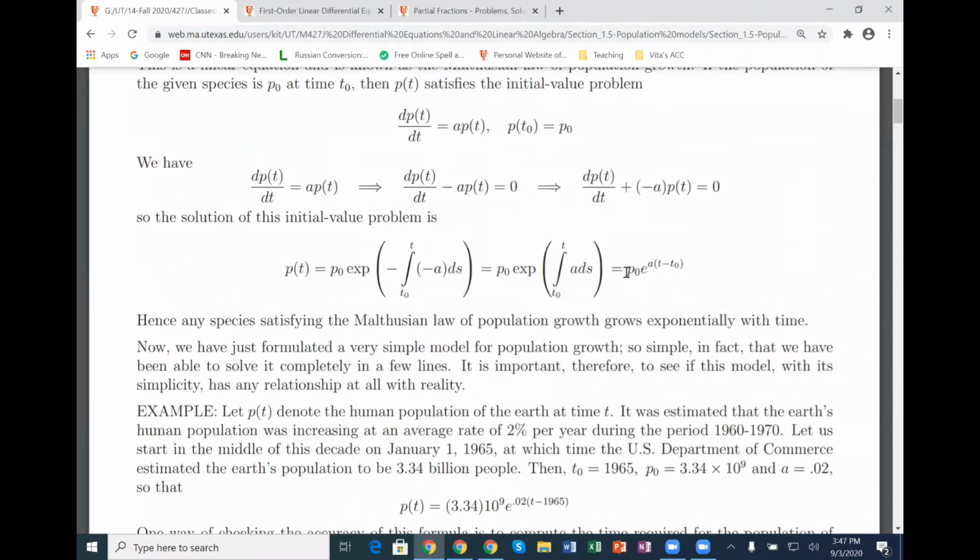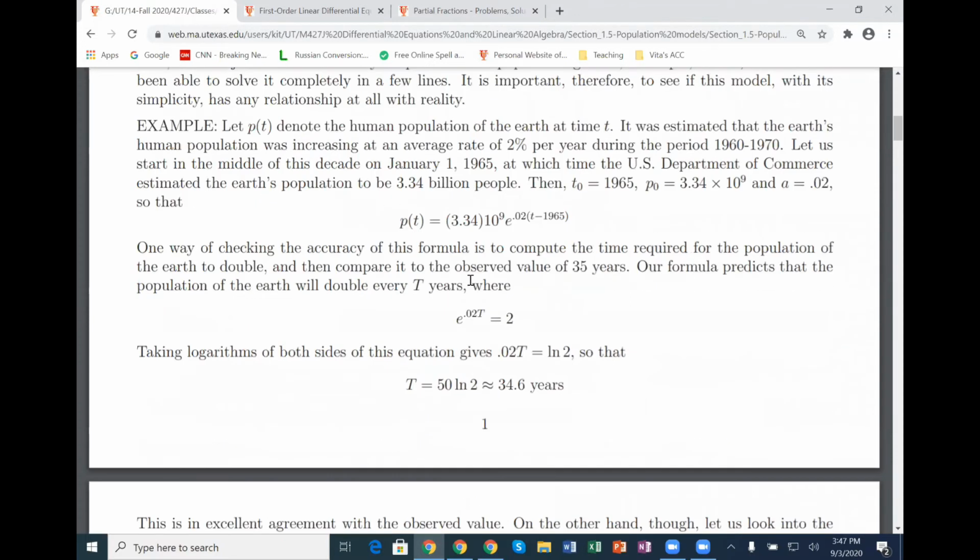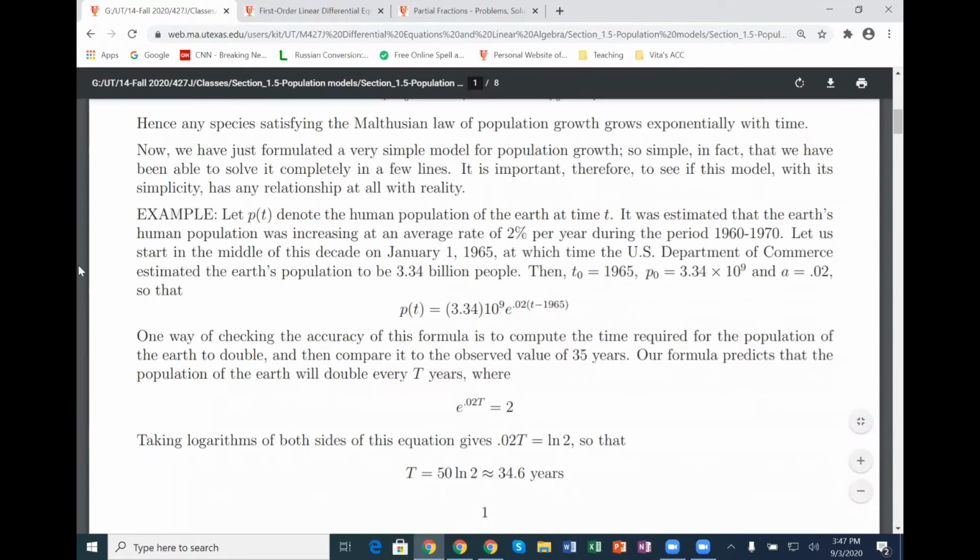Double means population is equal to 2 times P0. So this is equal to 2 times P0. And now after the cancellation of P0, we get the following: e to this power is equal to 2. This is how we come up with this formula. Does this make sense? Yeah, that cleared up a lot.